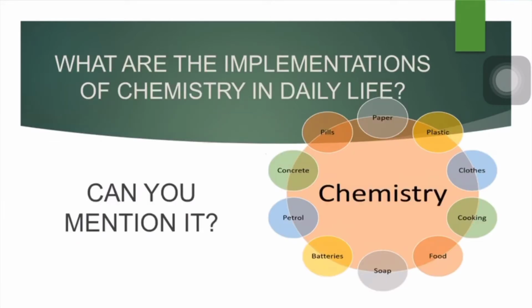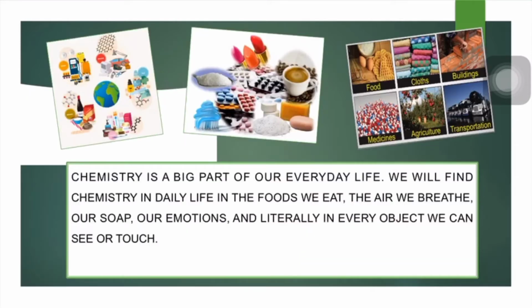The next one, the implementations of chemistry in daily life. Do you know about this one? Chemistry is a big part of our everyday life. We will find chemistry in daily life, in the foods we eat, in the air we breathe, our soap, our emotions, and literally in every object we can see or touch.